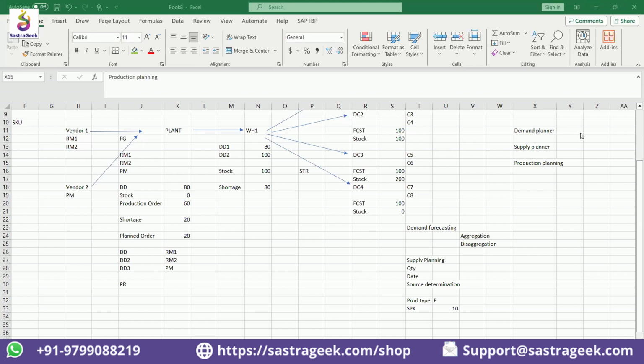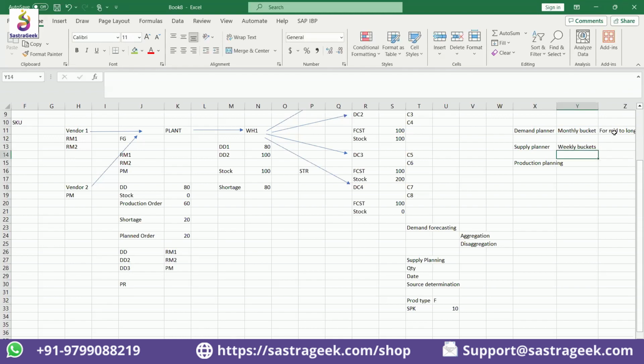Demand planner, from a time granularity perspective, you would focus on monthly buckets for mid to long term. Supply planner normally would focus on weekly buckets, identifying, aggregating your weekly demands and working on the shortage calculation in the weekly buckets.